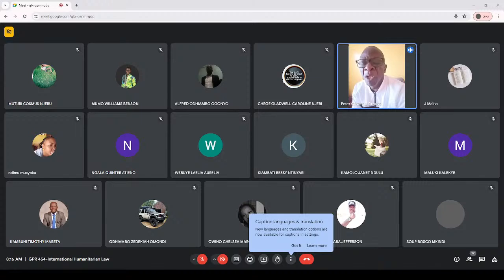Then we'll also be looking at the type of rules or branches of law that you need to look at in case you want to invoke IHL in any material case you are involved in.